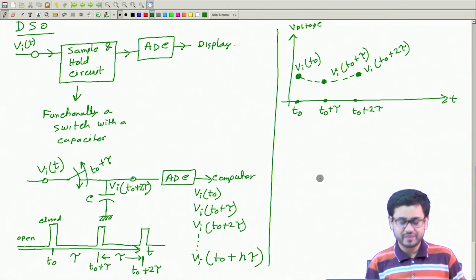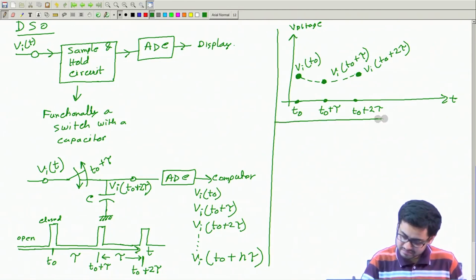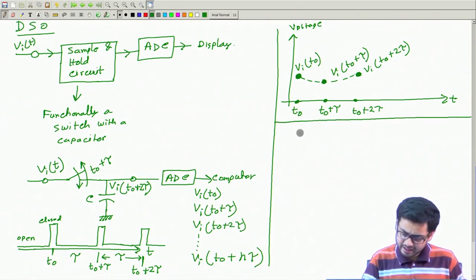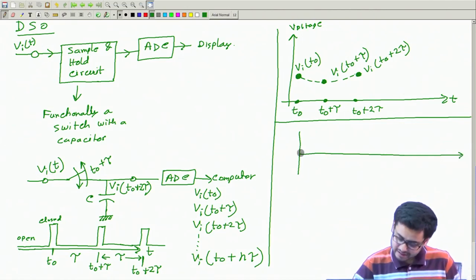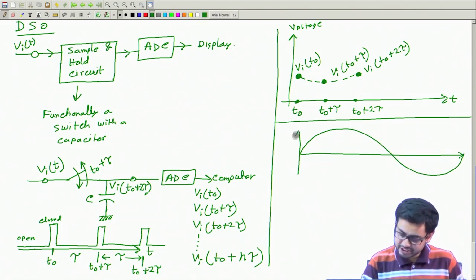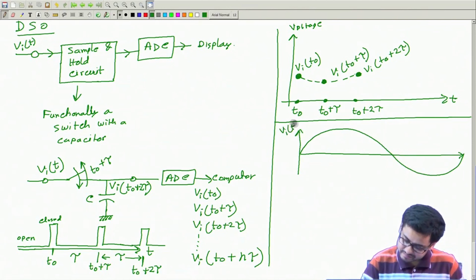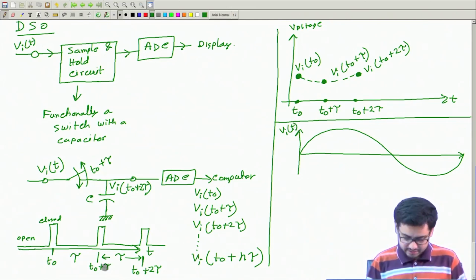So therefore, now say let me take v_i(t) as this, a sine wave. Say this is v_i(t), okay, and we call this gap tau.